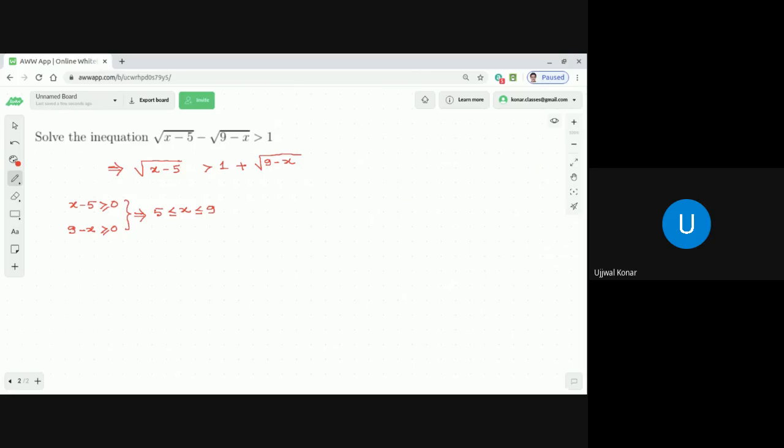Correct, not dear students? So this is the maximum territory of the solution, you can say in that way. Whatever value of x you get by applying the other conditions of the system of inequations should satisfy that it is in between 5 and 9.